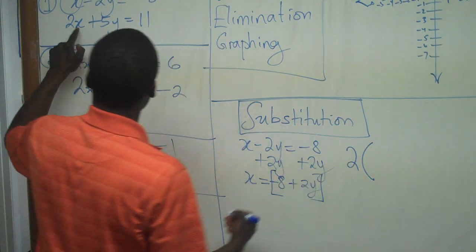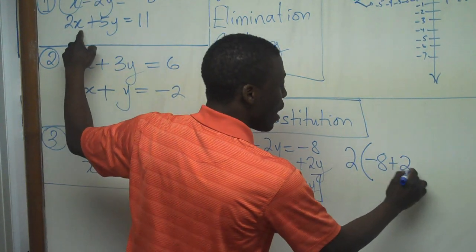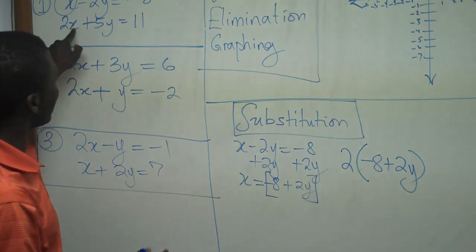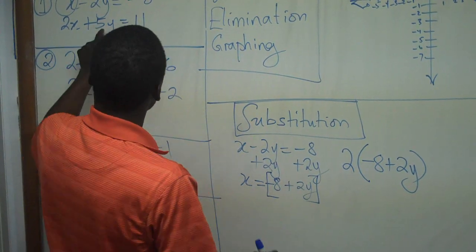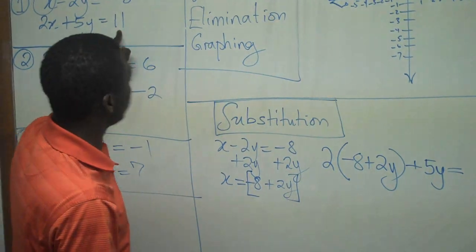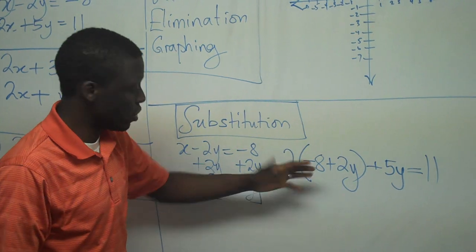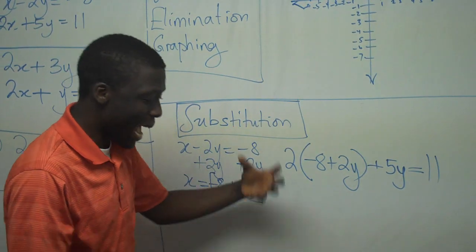So instead of 2x, we're going to say 2 times (negative 8 plus 2y), and then you add the 5y, and that is equal to 11.